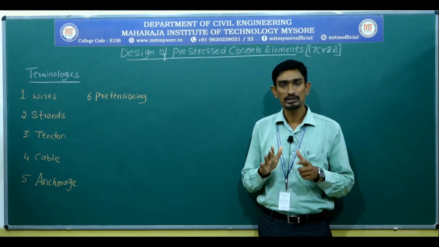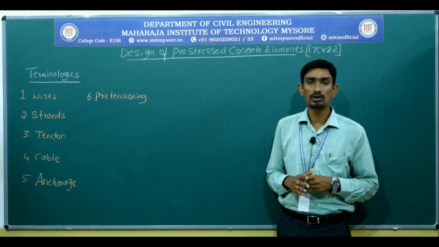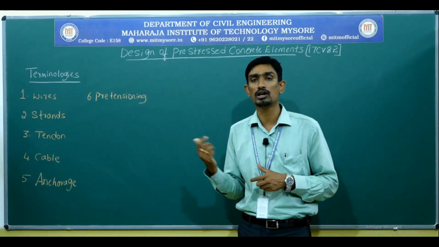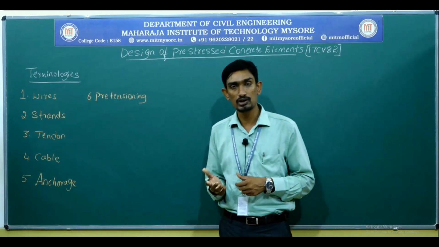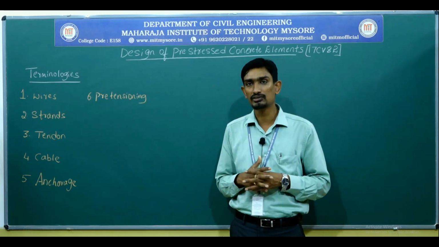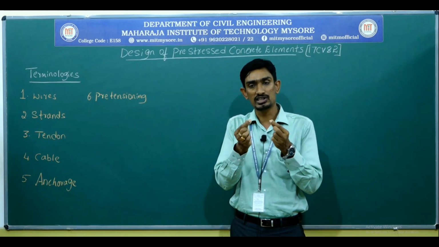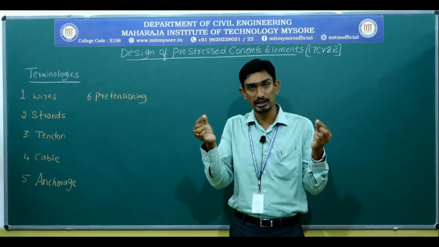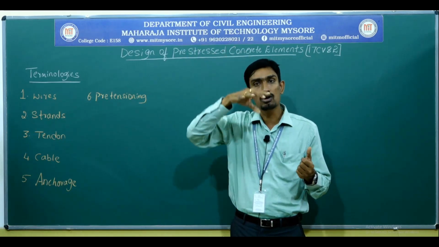Did you get my point? This you should not forget, because in the entire course we keep on using these terminologies, that is pretension, post-tension beam, pretension beam. You should first understand the meaning of pretension. Pretension is first placing a tendon, stretching it in order to create a pretension, anchoring it, and then pouring concrete.